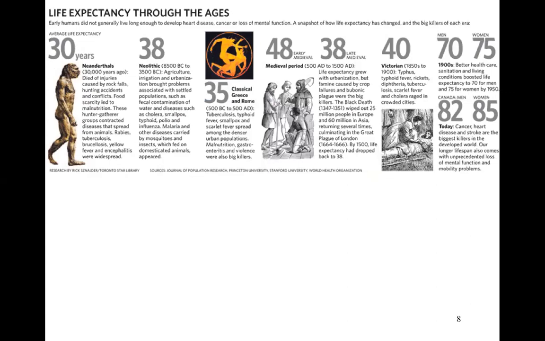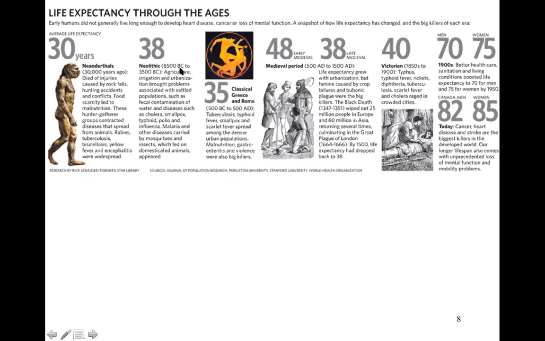And that's because most of the time, they would die of everyday things like injuries caused by rock falls, which I think is kind of funny that they mention that, or hunting accidents, or conflicts with each other, right? There's food malnutrition, or not enough food, so there's always a concern about where you're going to get food from. So as a result, the life expectancy was just 30 years.